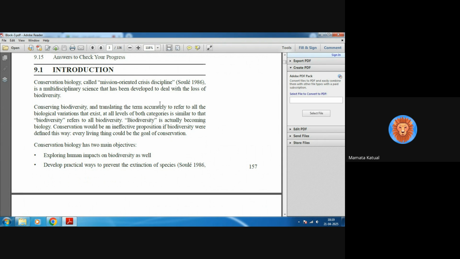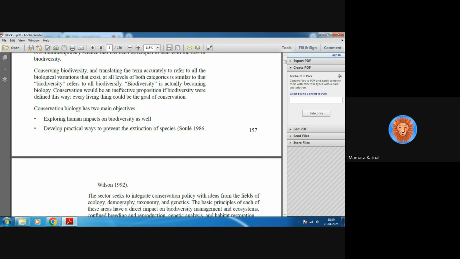So to stop the loss of biodiversity, conservation biology came up.